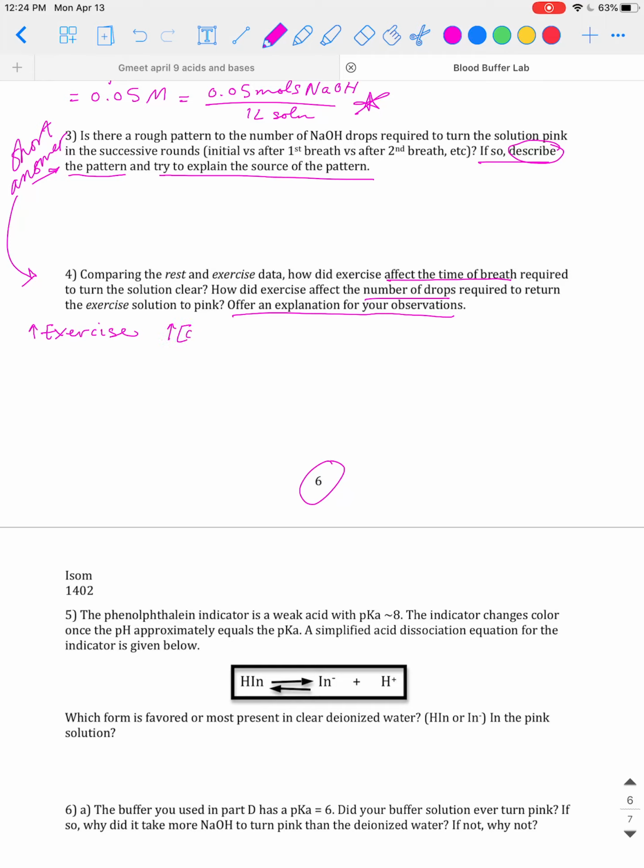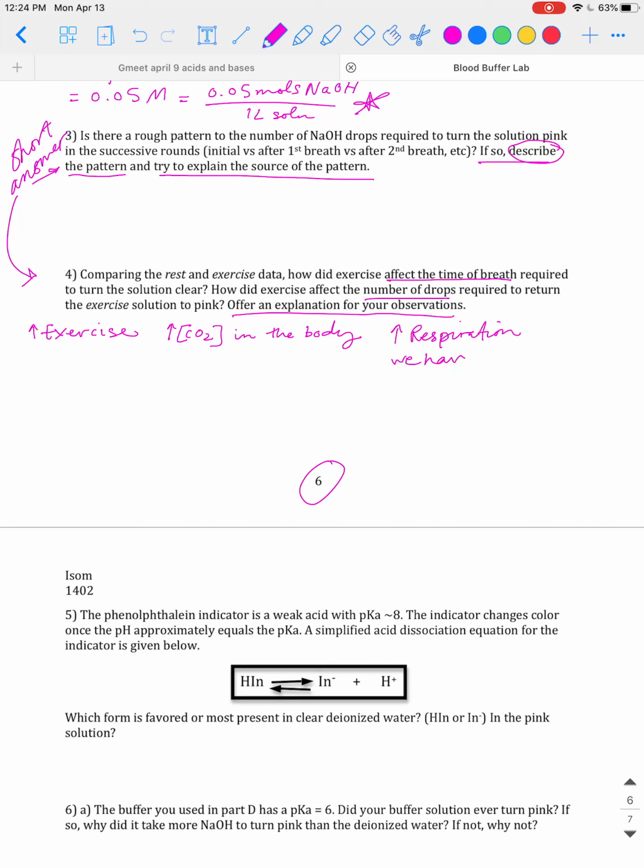When we're working our muscles via exercise, we're also increasing the concentration of CO2 in the body. All right? That's just a byproduct of exercise. Well, then think about how that affects your respiration. We're also increasing respiration. In the video, you'll notice the scientist is breathing heavier after he goes and exercises.